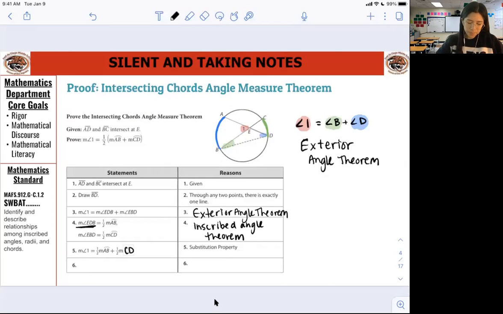Good. And then finally, we know that angle 1 is half of AB plus CD. Now, what did I do mathematically to go from step 5 to step 6? Think about mathematically what I just did.